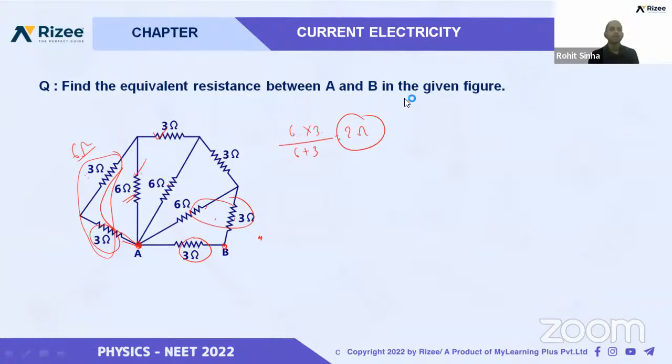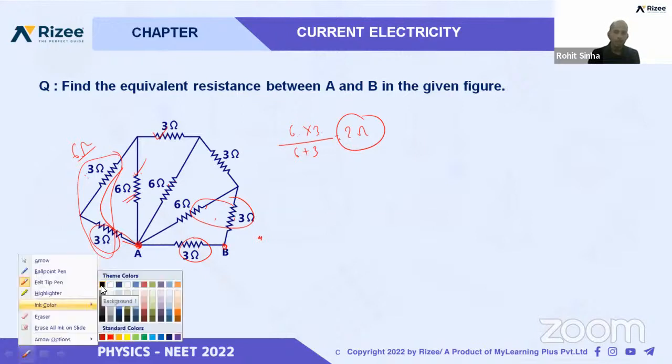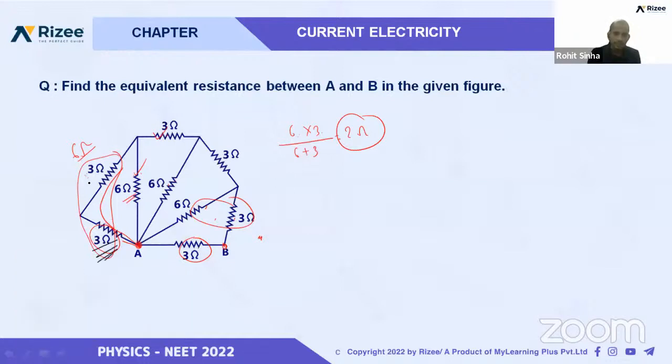Or should I go step by step? All of you got it? Okay, I will tell you once more. What I did is, this 3 ohm resistance and this 3 ohm resistance are in series, so 3 plus 3 gives 6 ohm.